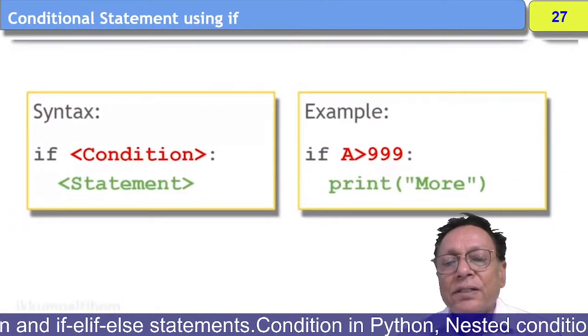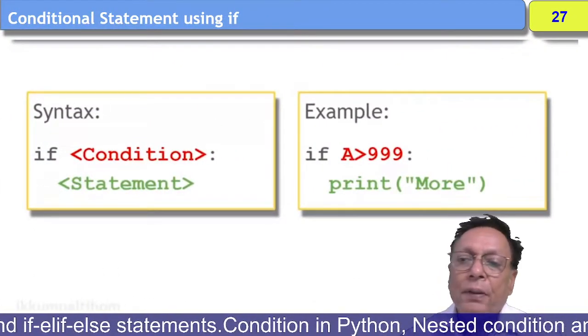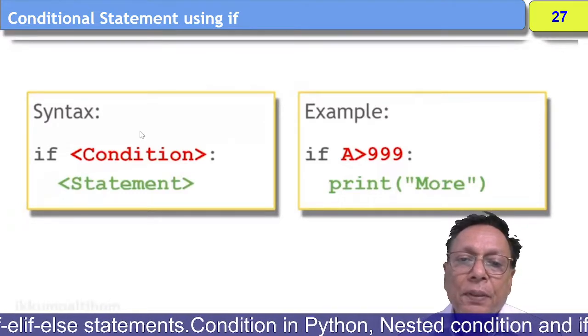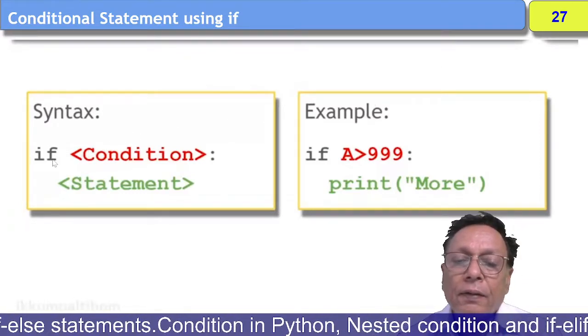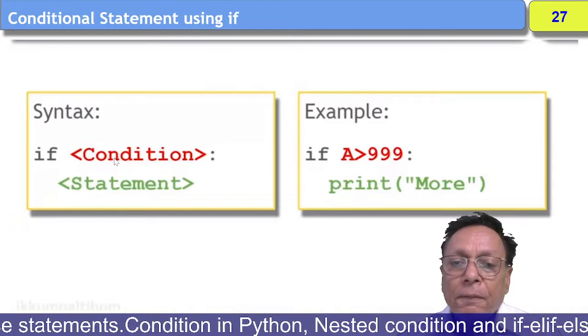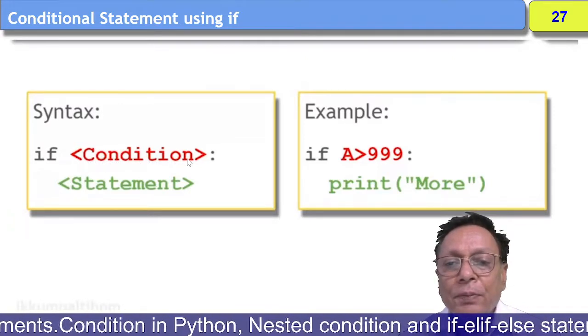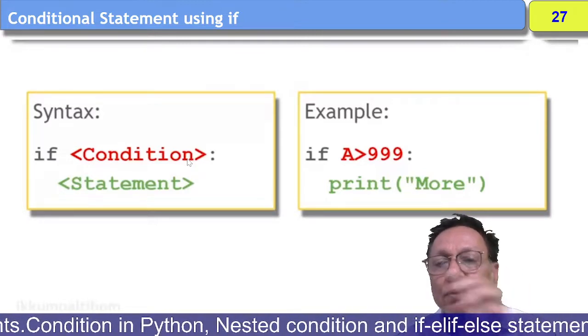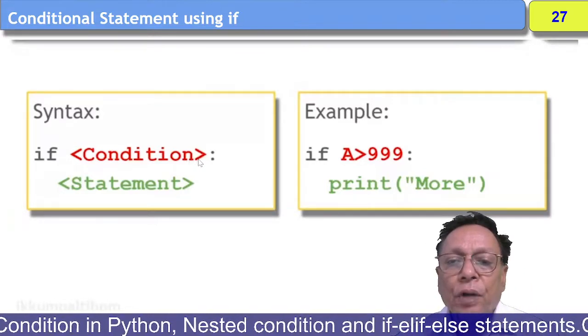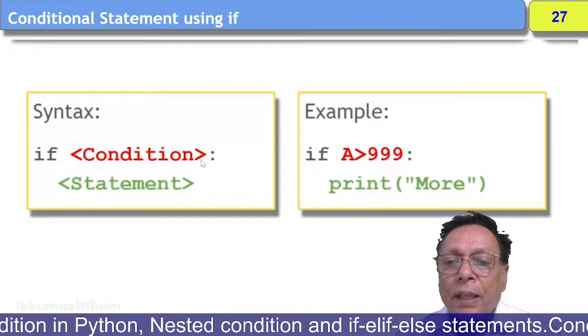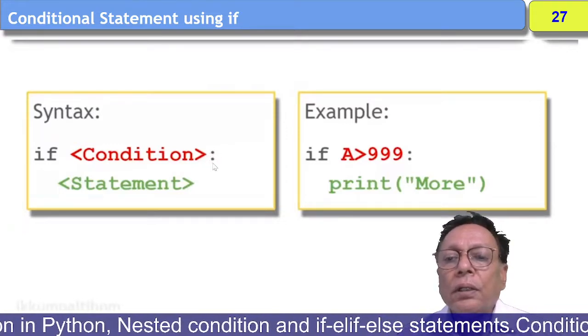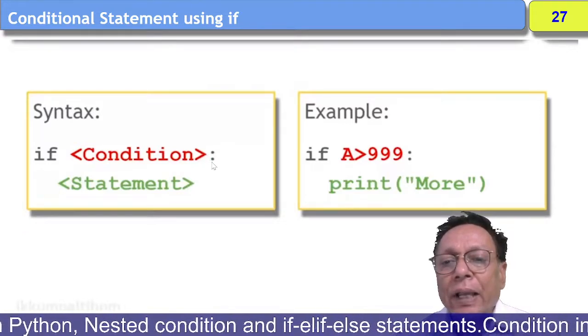What is the syntax of a condition in Python? Over here you see the syntax: if, then condition. The angular brackets you don't have to put. This is a way you can put the condition. You don't have to put angular brackets, but putting a colon at the end of the condition is mandatory.